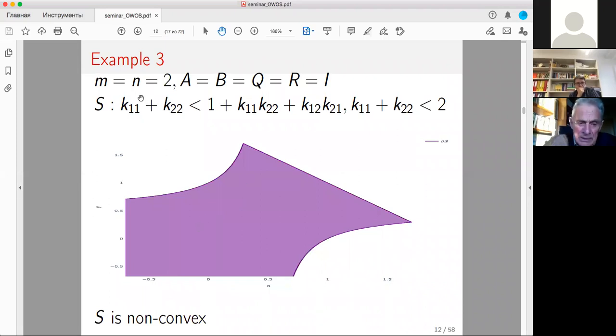And this is a similar example of two-dimensional. And again, we meet a non-convex domain of the function. So of course, the function itself is non-convex.